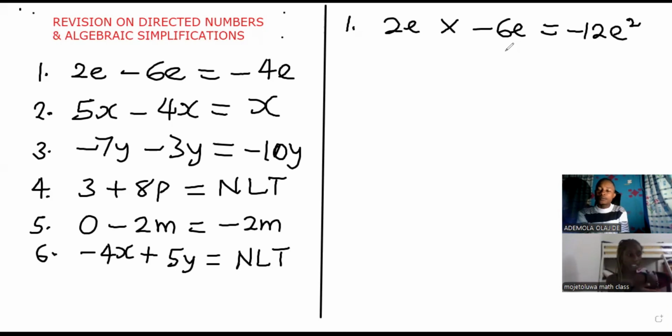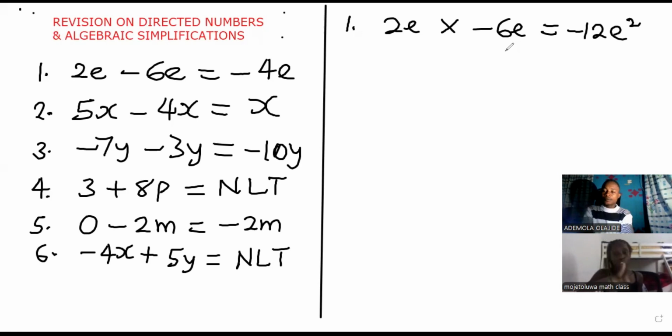So plus times negative equals negative, because they are two different signs. So we got negative. Now we just have to times the 12 and the 6, but we still have the e.